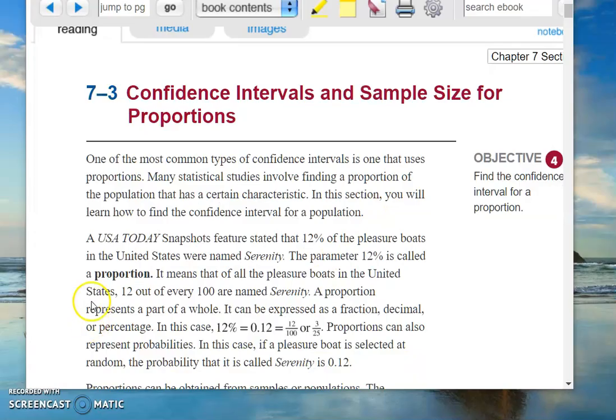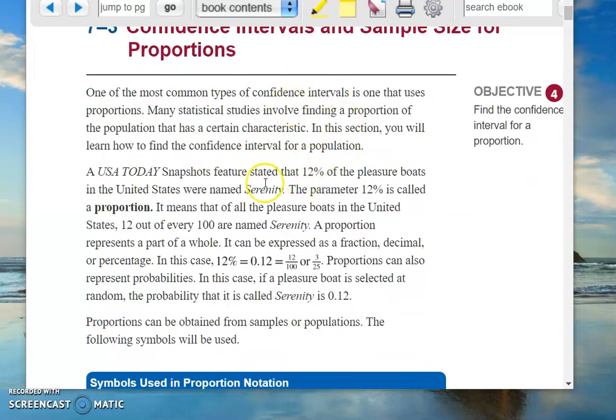Okay, so let's begin here. We're talking about section 7-3, confidence intervals, sample size for proportions. The author talks about how many times we are really more concerned about proportions than we are concerned about actual numbers. For example, what proportion of the population is getting infected by this virus.